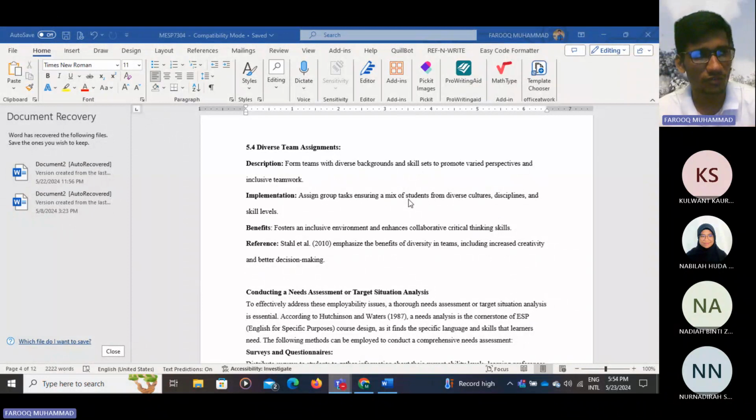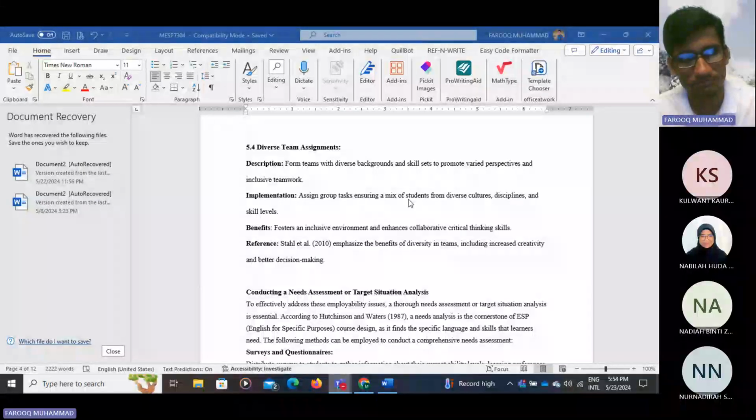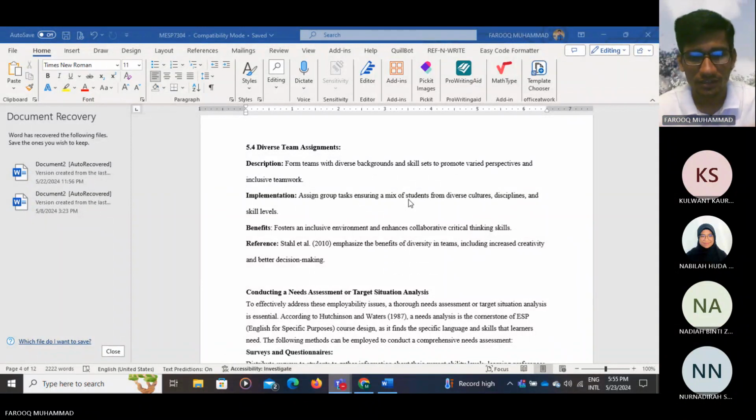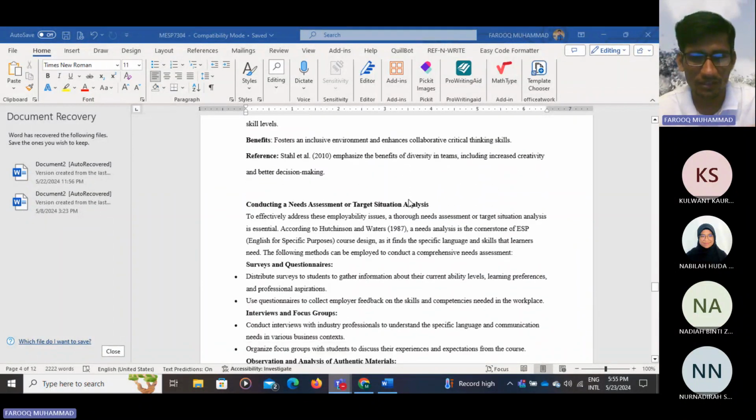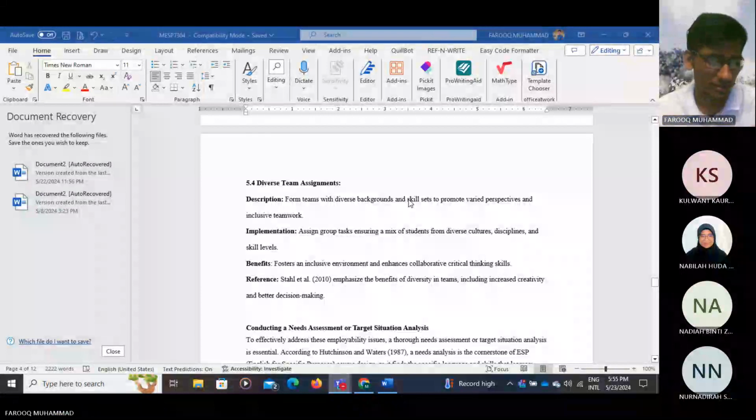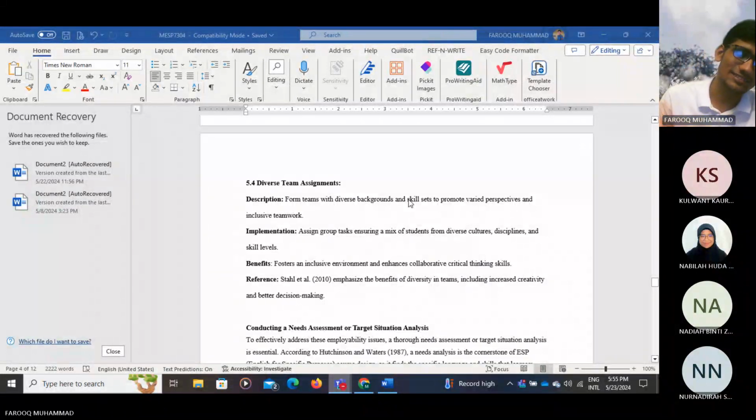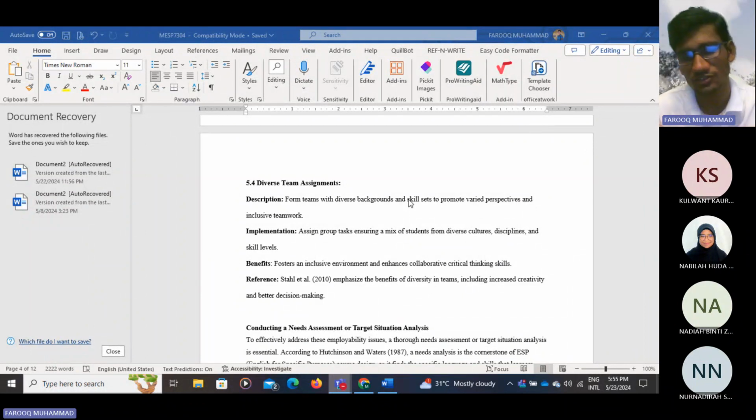So one student is very good in teamwork or leadership, and he can help other students maintain good criteria in the group. So here are the employability skills, issues, and their solutions.